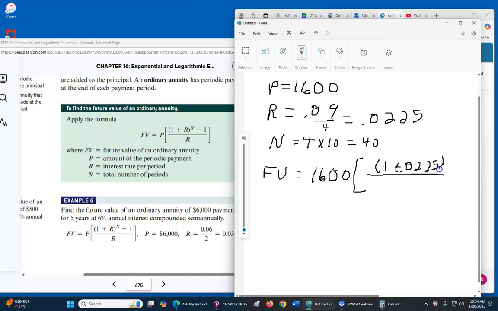And we're going to raise that to the 40th power, since N's 40. And we're supposed to subtract 1. And we're going to divide that by R, which is 0.0225.